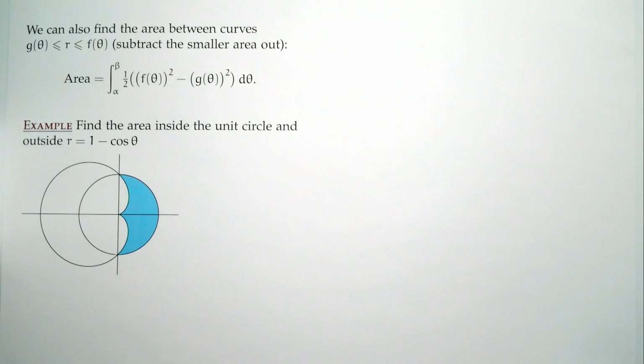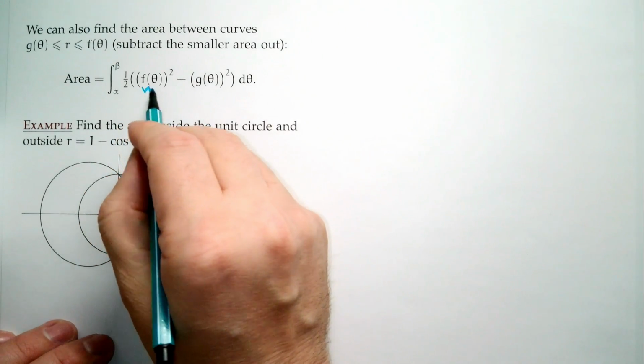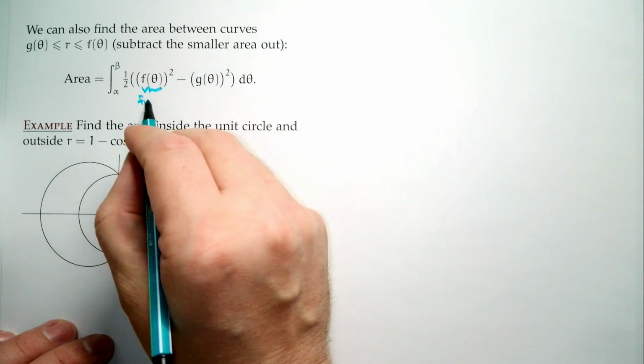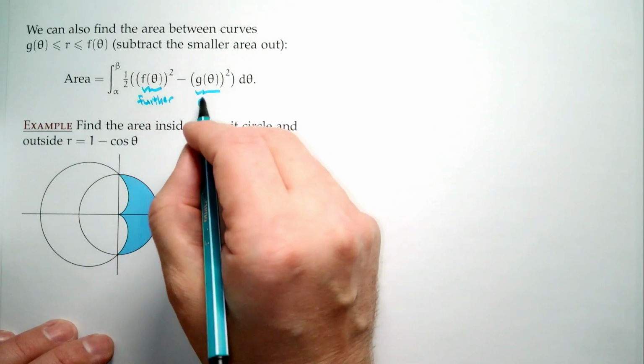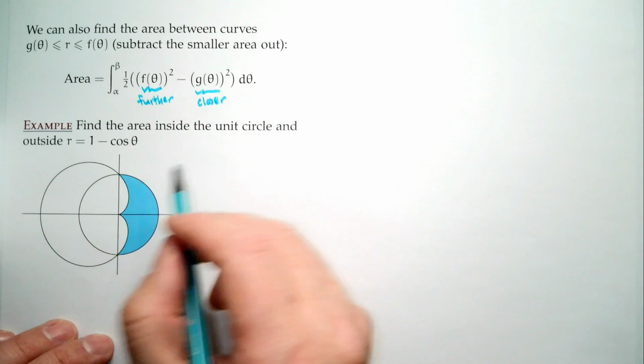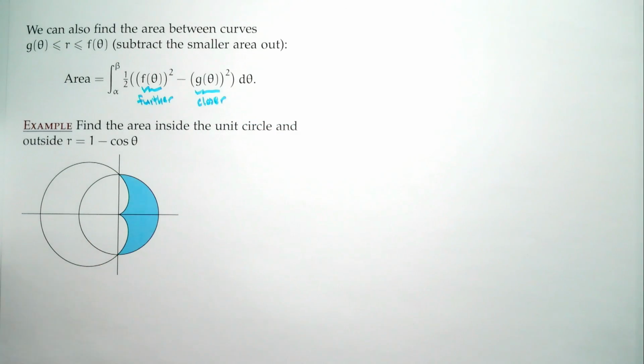And that'll be the volume. So same idea here. If I'm looking for the area, I'm going to take the larger piece and subtract the smaller piece. And what I like to think of is the f of theta here: this is the further away, the outside, and this is the closer, the inside. So you take whichever one is farther, subtract whichever one is closer.